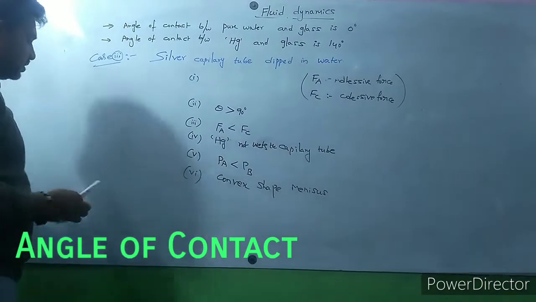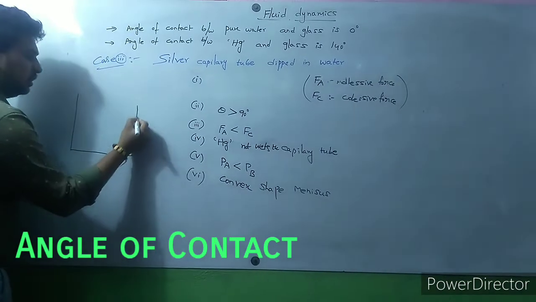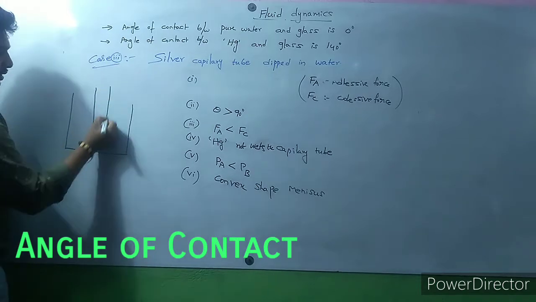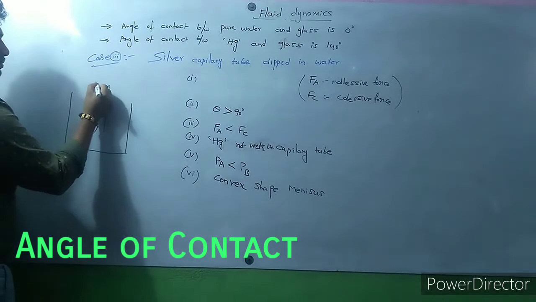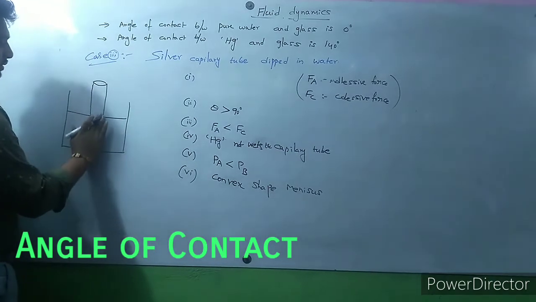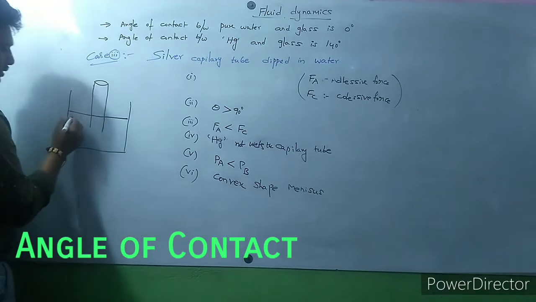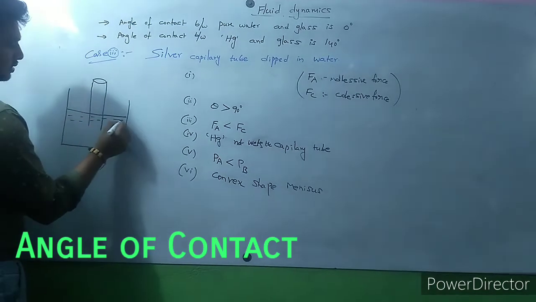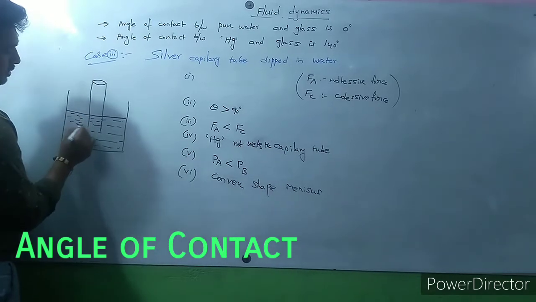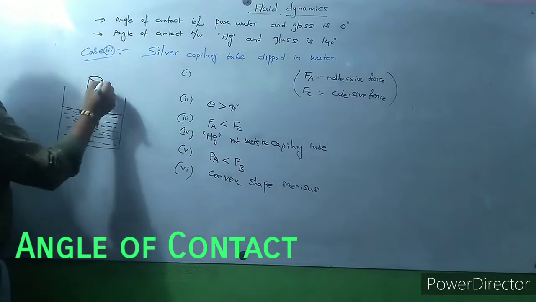That means first of all I draw the diagram. Okay, this is a silver capillary tube dipped in water. So here the capillary tube is made with silver.